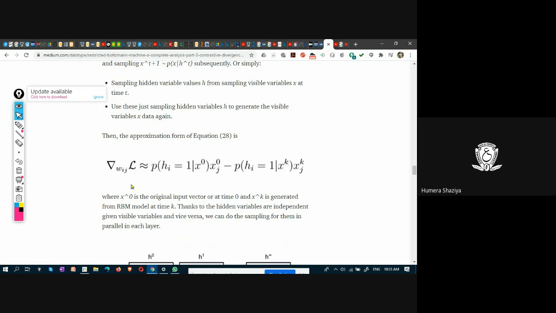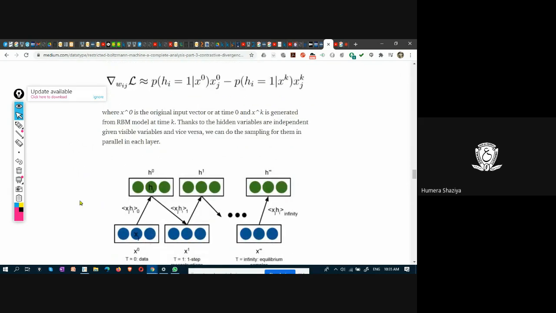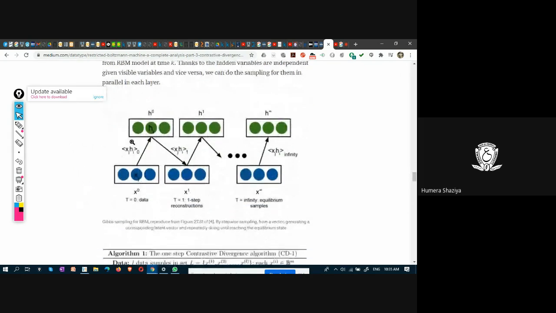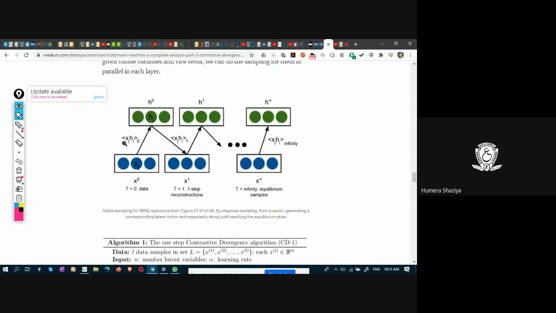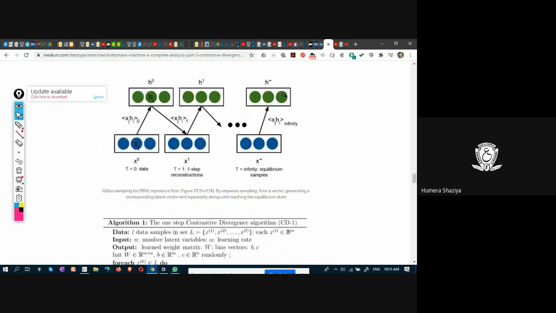So for various i, j, and k values, you are computing values through that equation. And here is an illustration with h naught, h 1, up to h n, and x naught, x 1, up to x n.